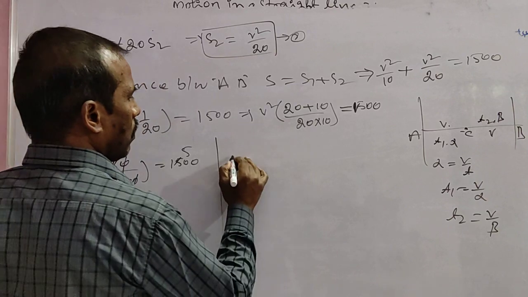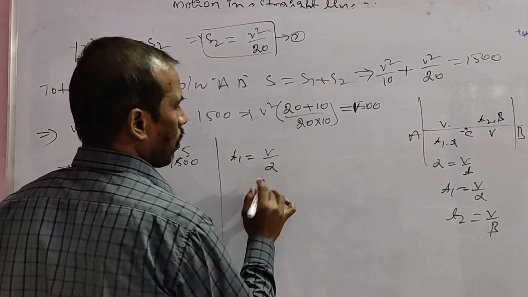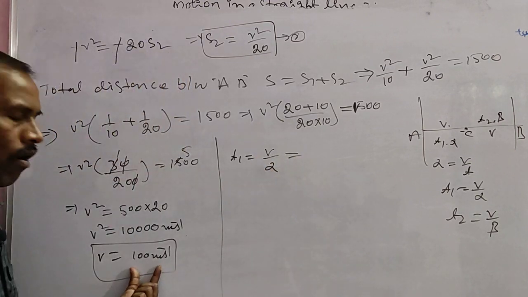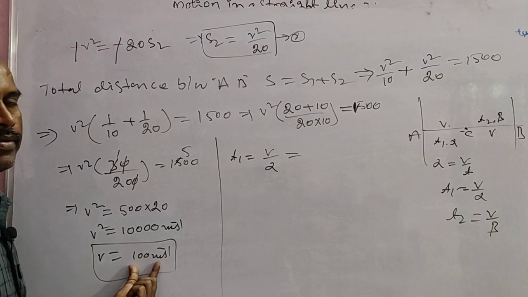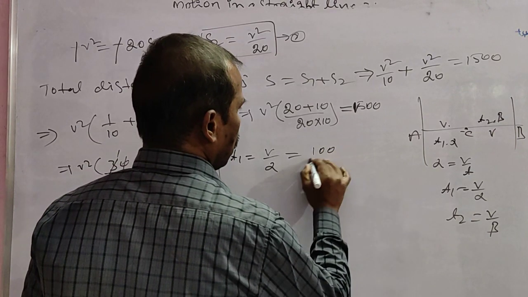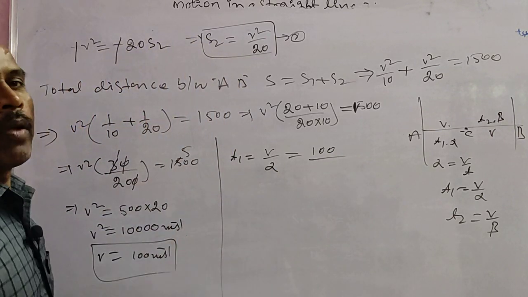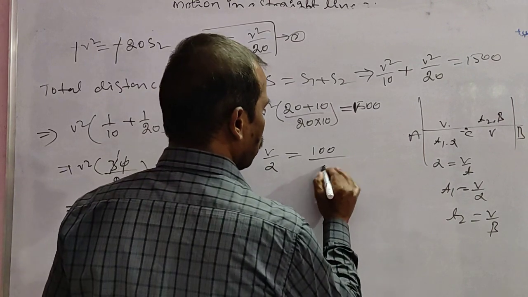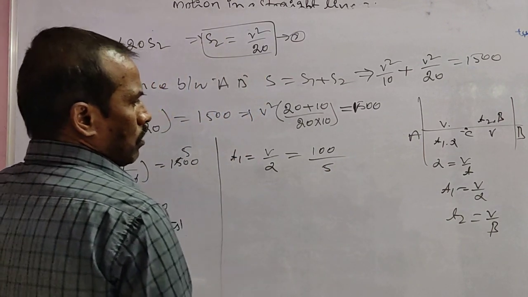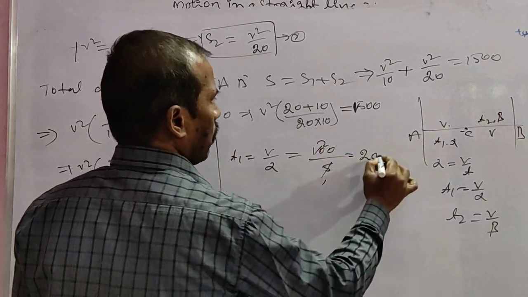T1 is equal to V by alpha, where alpha is 5 meters per second squared and V is 100. So 100 by 5, which is 20 seconds.